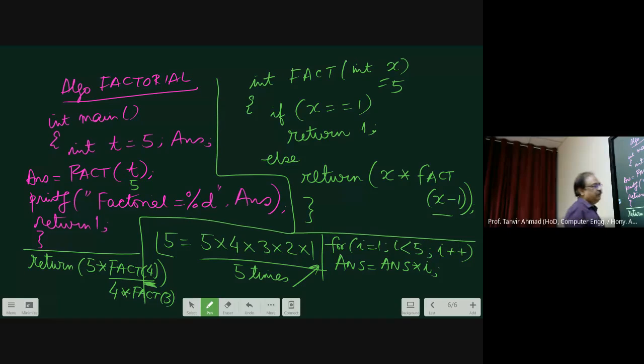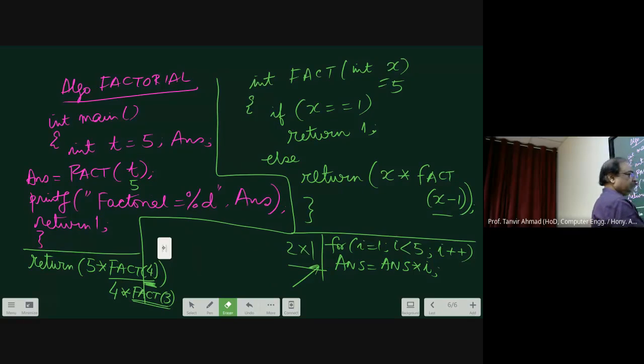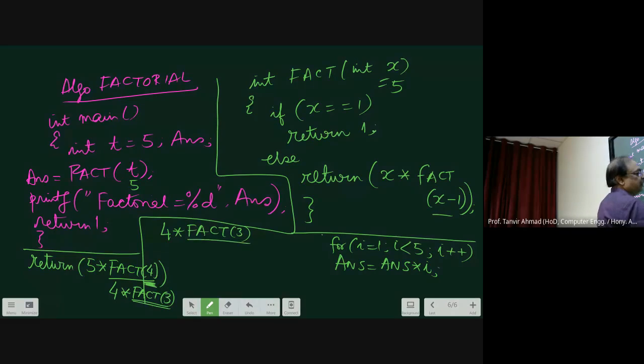Similarly, the next time it will again call the function. This will be 4 into fact of 3, we will call this one 3 into fact of 2, and similarly again this will call 2 into fact of 1.